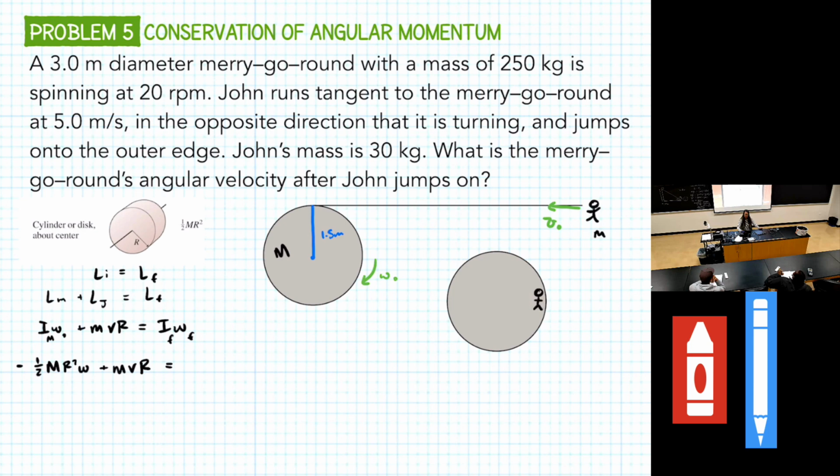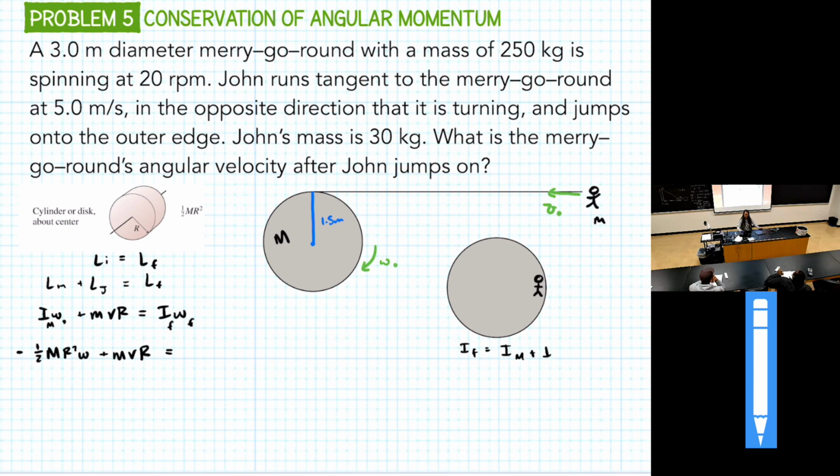Okay, so how do we calculate the moment of inertia here? What do we do if we have more than one moment of inertia working together? Yeah, you just add them up. It's actually surprisingly simple. So our final moment of inertia is going to be I merry-go-round plus I John.